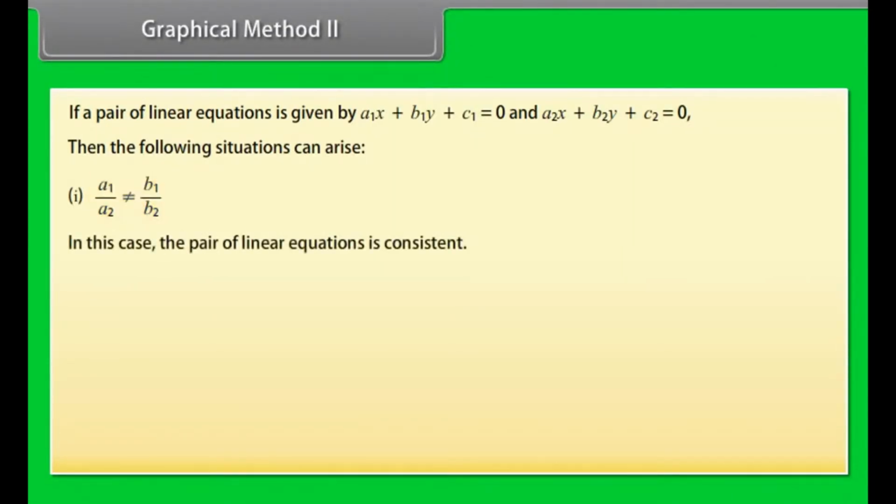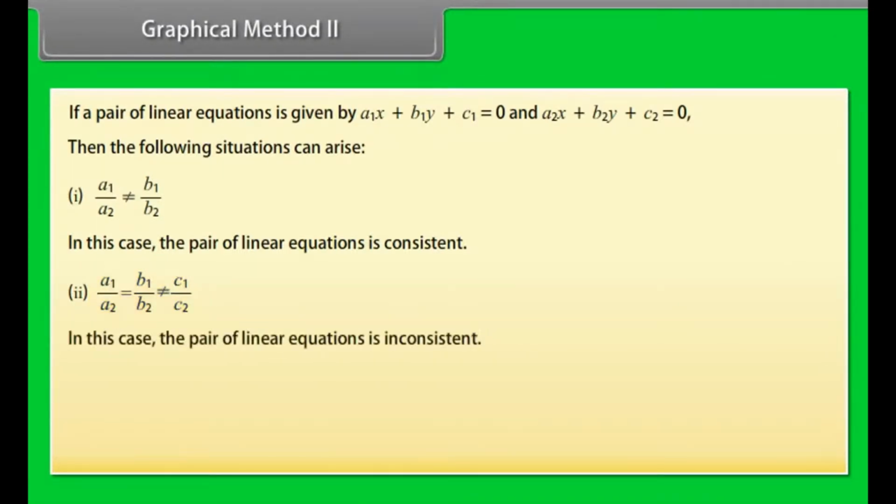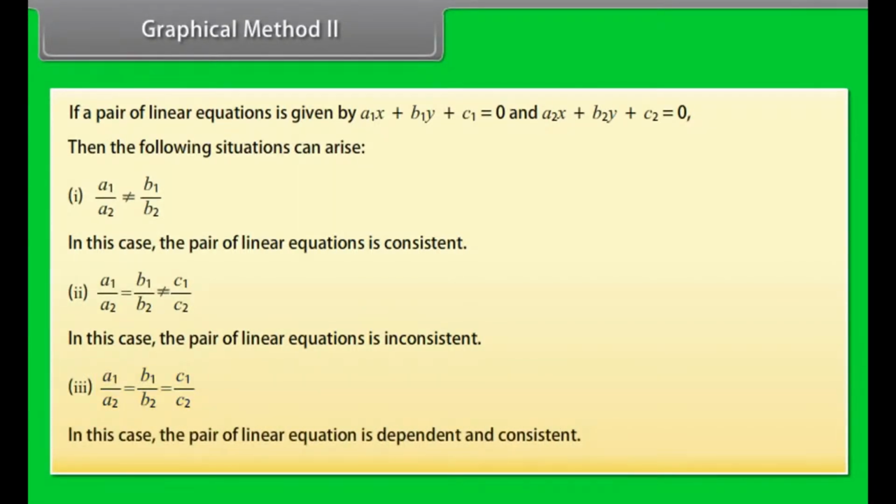In this case, the pair of linear equations is consistent. 2. a1 upon a2 is equal to b1 upon b2 is not equal to c1 upon c2. In this case, the pair of linear equations is inconsistent. 3. a1 upon a2 equals b1 upon b2 is equal to c1 upon c2. In this case, the pair of linear equations is dependent and consistent.